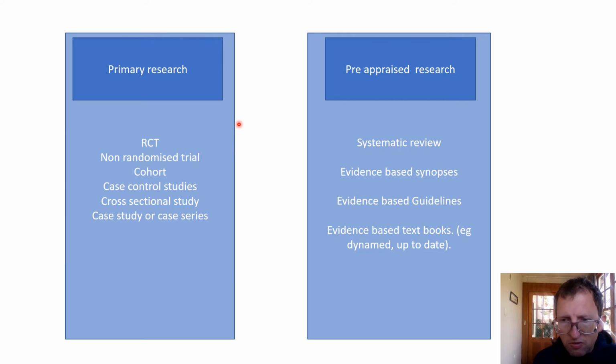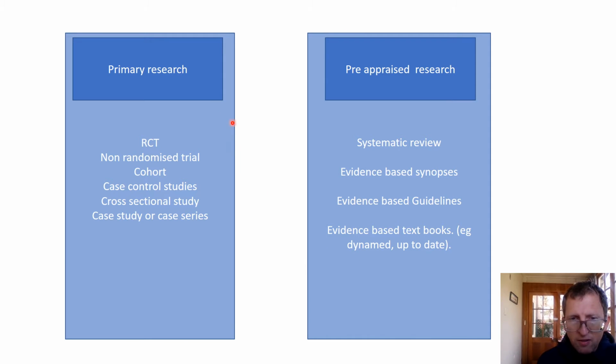There's the primary research, which is original human articles, and then there's articles that synthesize this original research into various ways to give you a more digested summation of the evidence out there, in various forms: systematic reviews, evidence-based guidelines and so forth. And I made the point that it's worthwhile looking up both sources of research when you're trying to search a database for a question.